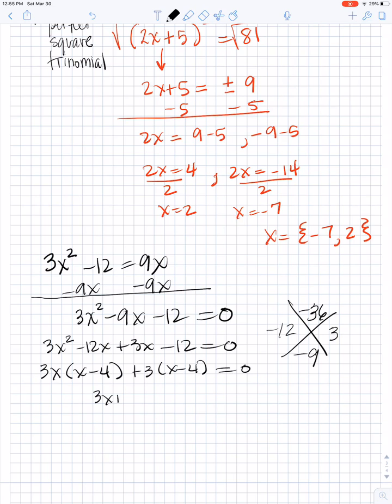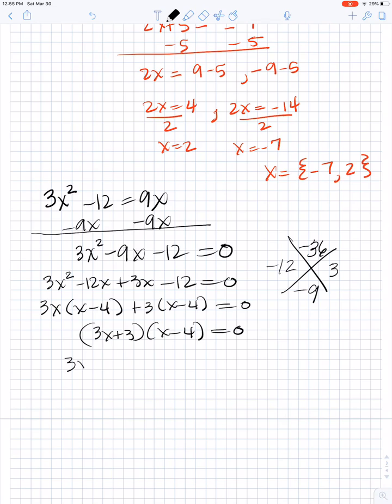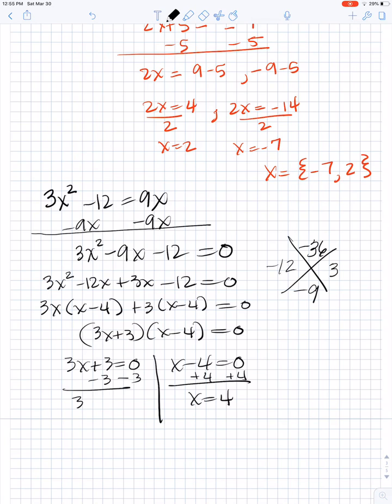So we have 3x plus 3 times x minus 4 equals 0, and then using the zero product property, we have 3x plus 3 equals 0, and x minus 4 equals 0. This allows us to figure out that x is equal to 4. Or if we subtract the 3 on both sides, we have 3x equals negative 3, so x is equal to negative 1. x is equal to negative 1 or 4.